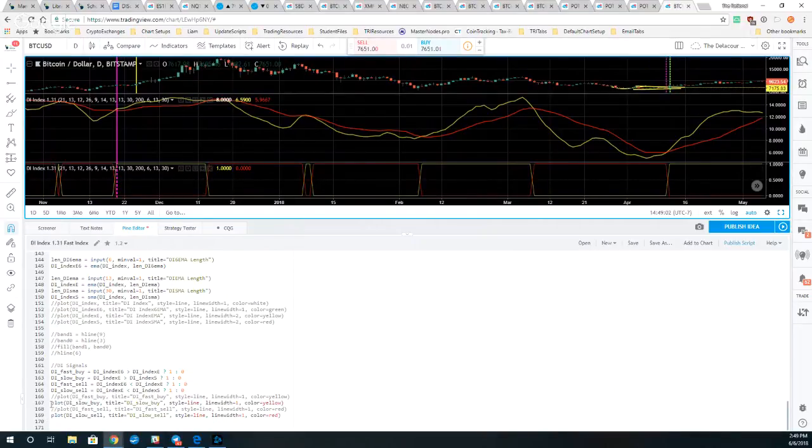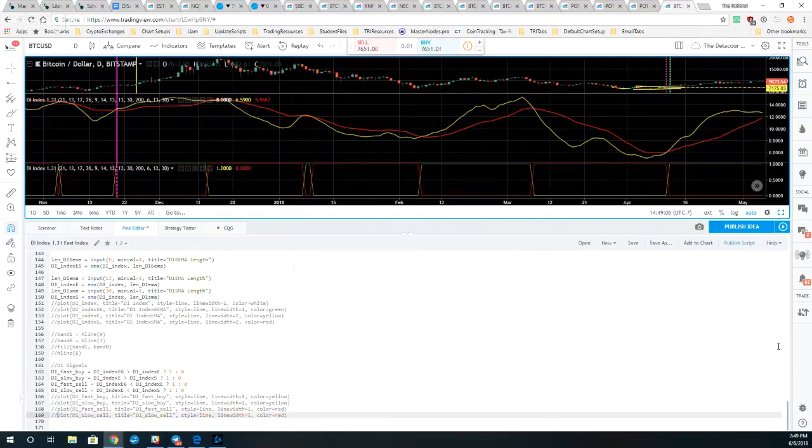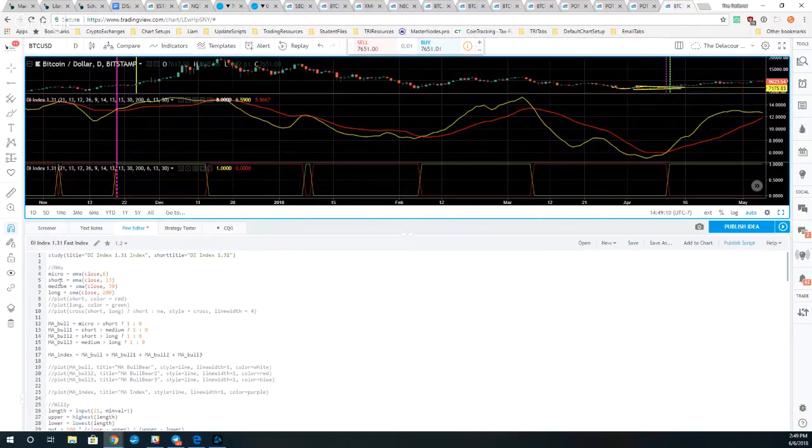But if I wanted to look at what the moving averages are telling me, I can come up to moving averages. You see how it says plot? They're commented out, but I can just uncomment them. Now watch what happens.